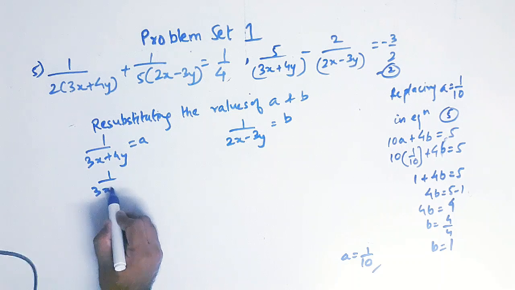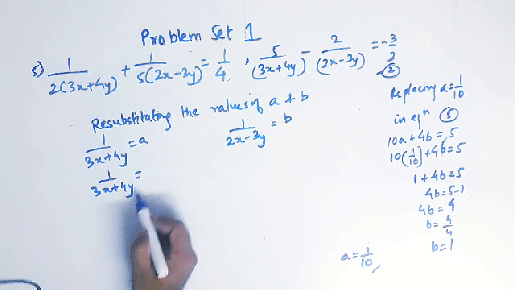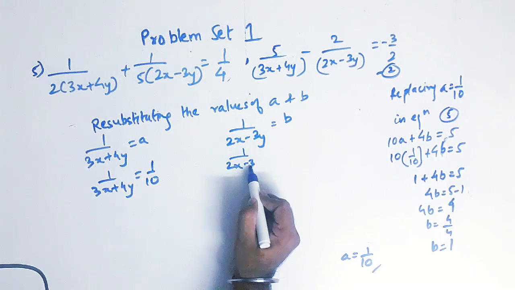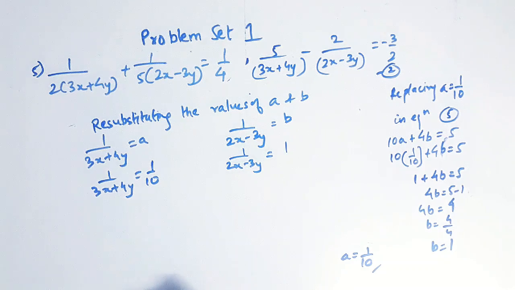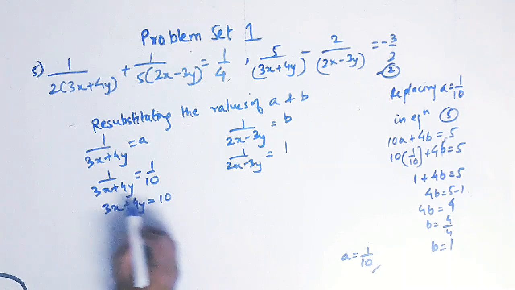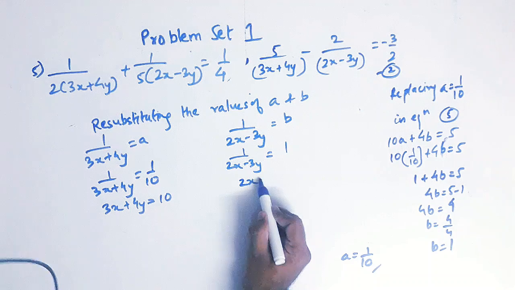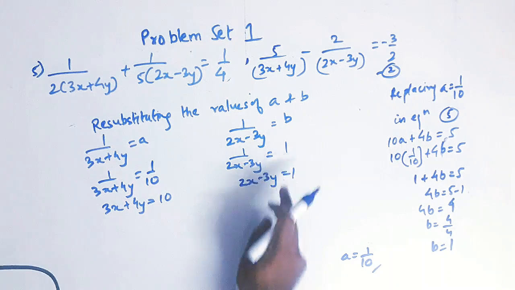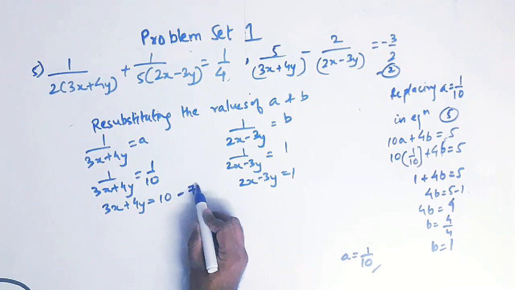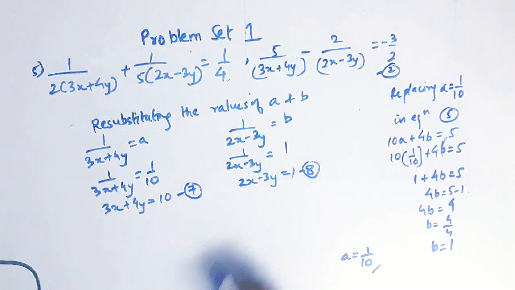So I'll write 1 upon 3x plus 4y equals 1 upon 10, and 1 upon 2x minus 3y equals 1. Cross multiplying, 3x plus 4y with 1 will be the same, and 10 ones is 10. Here 2x minus 3y equals 1. Cross multiplication, simple. Now we have got two new equations, so I'll name them 7th and 8th.